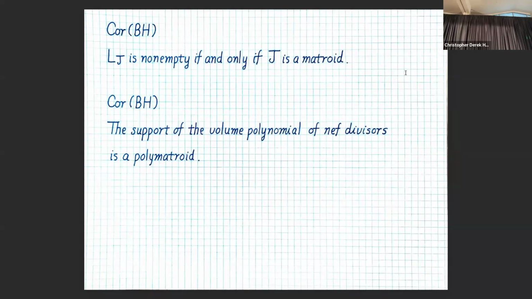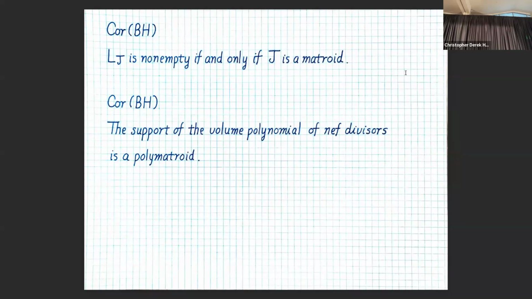In other words, it satisfies the symmetric exchange axiom. Or in other words, if the Newton polytope of your F is a generalized permutohedron, in the sense that every single edge is in the e_i minus e_j direction.